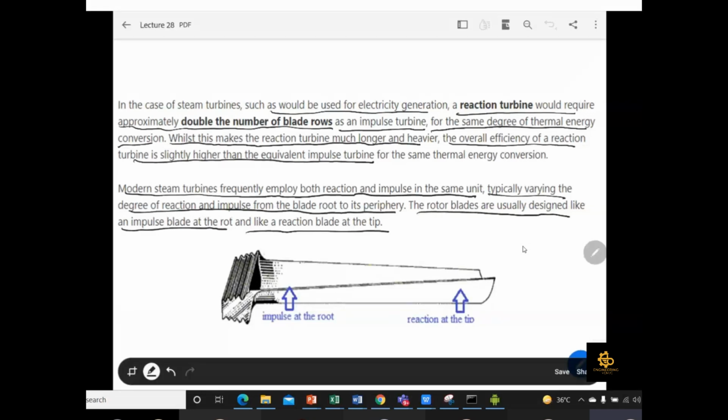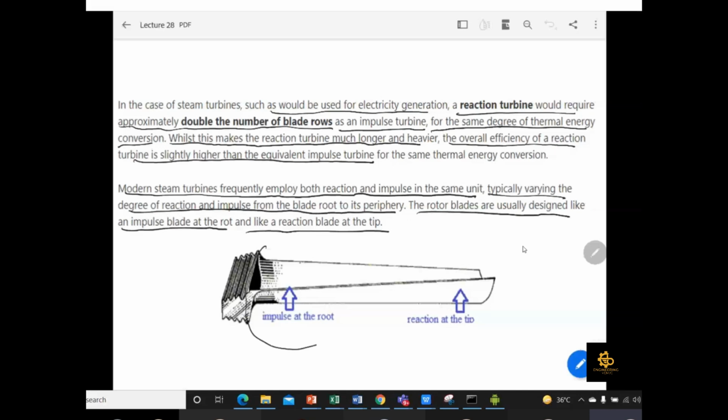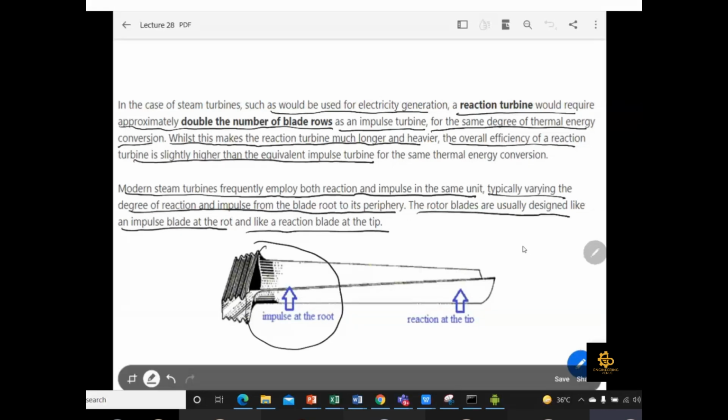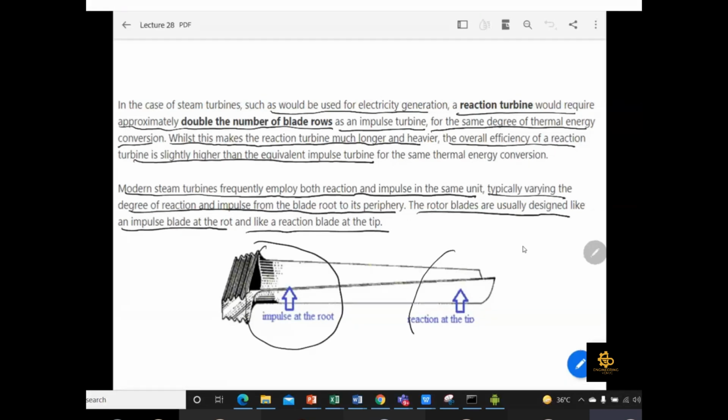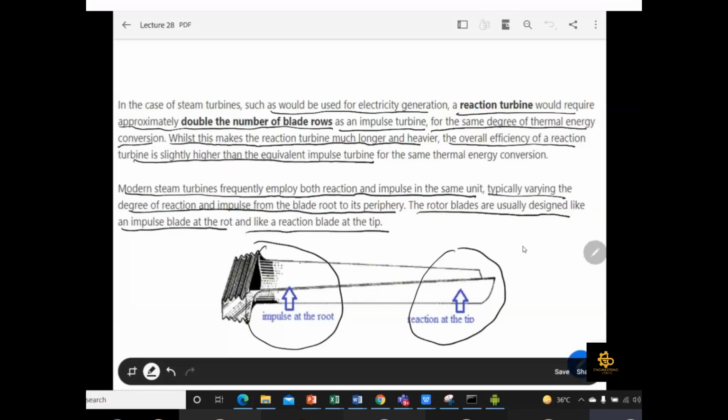This is an example of a modern steam turbine blade, where at the root we have the impulse type structure of the blade, and at the tip we have the reaction type configuration. What is the purpose of doing this? The reason is that we have to develop an arrangement where we get the maximum efficiency.